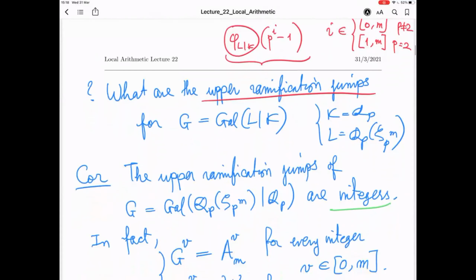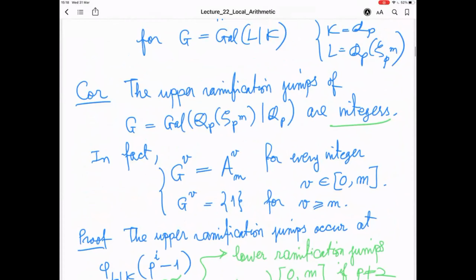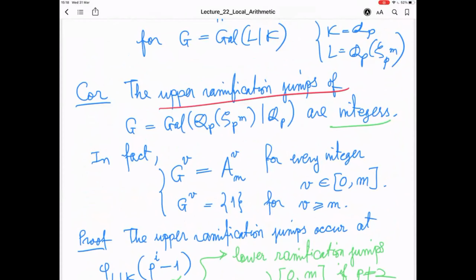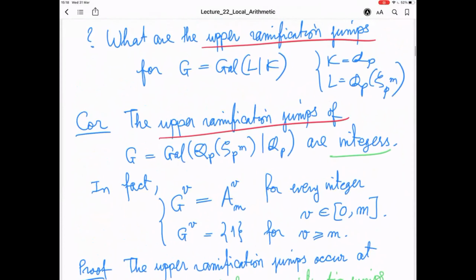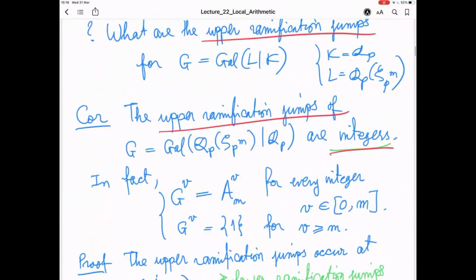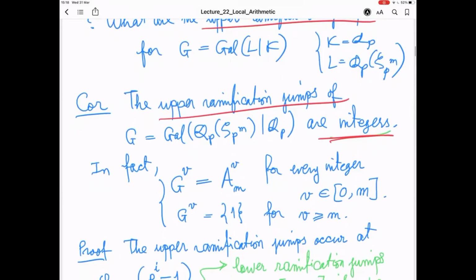So here is the computation. It says the upper ramification jumps for this, first of all, are all integers. In general, it's not guaranteed that the upper ramification jumps are integers, but in this case, they are integers.